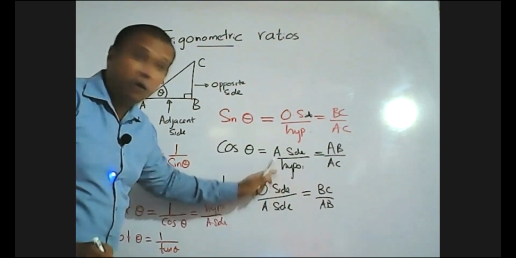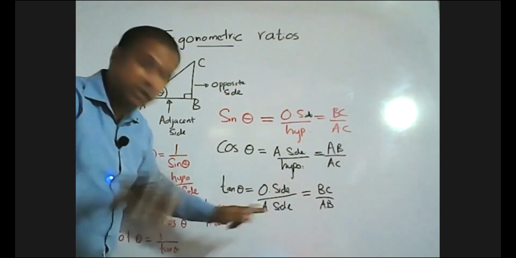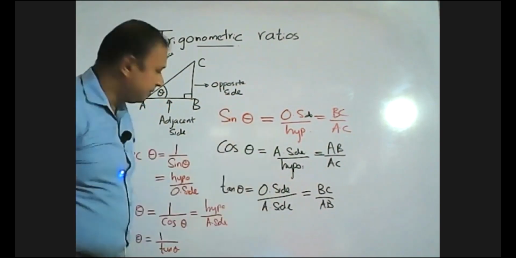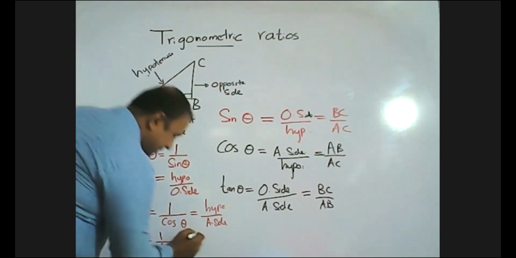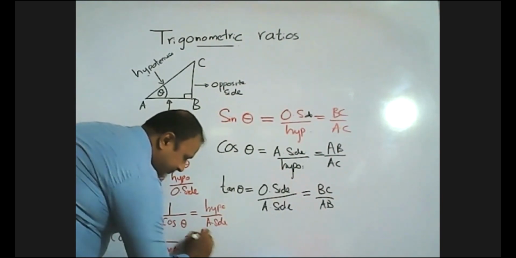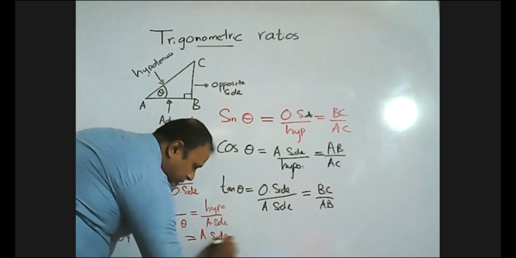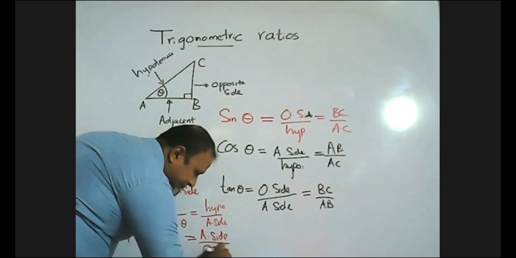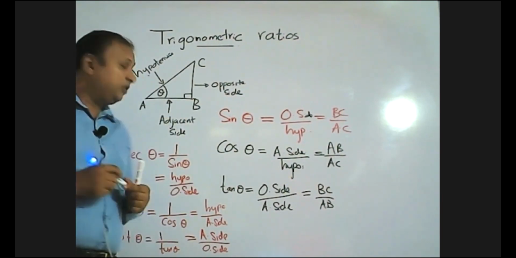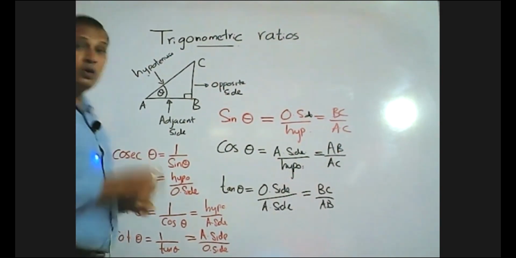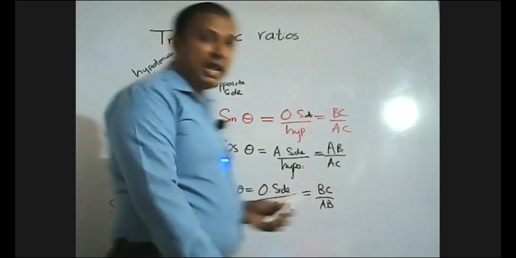Tan theta is equal to opposite side over adjacent side, so the reciprocal is adjacent side over opposite side. So those are the 6 trigonometric ratios that we are going to learn in A levels.